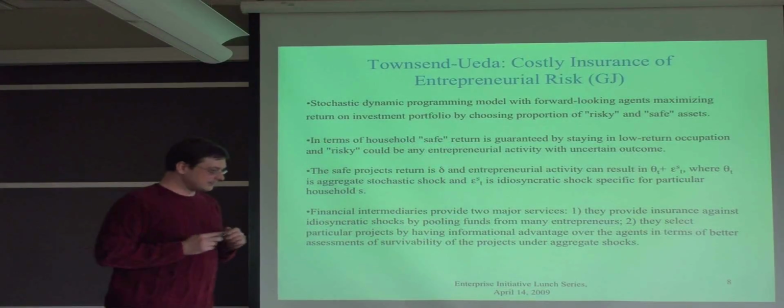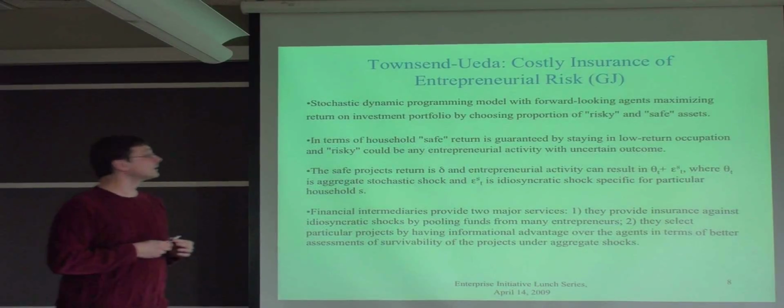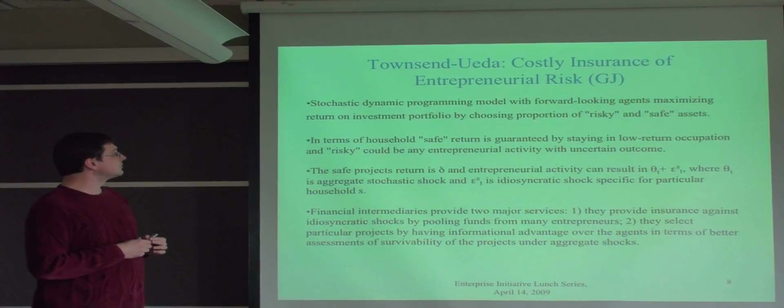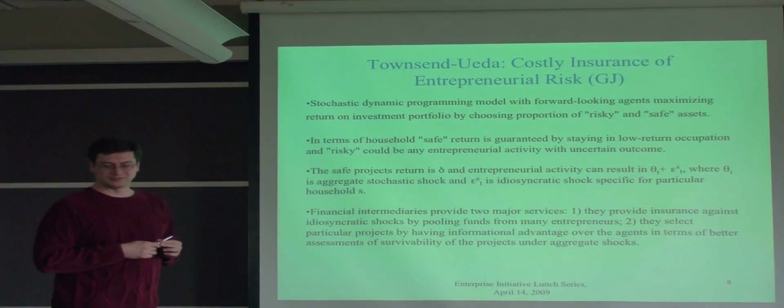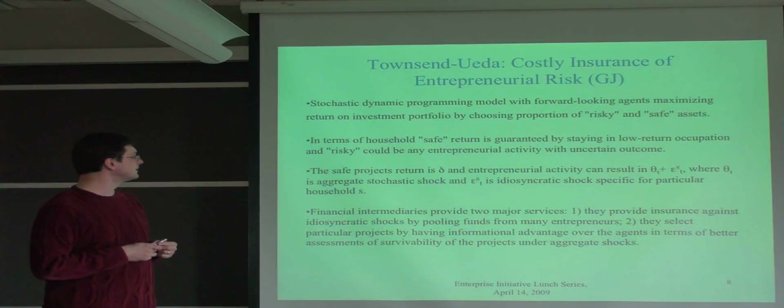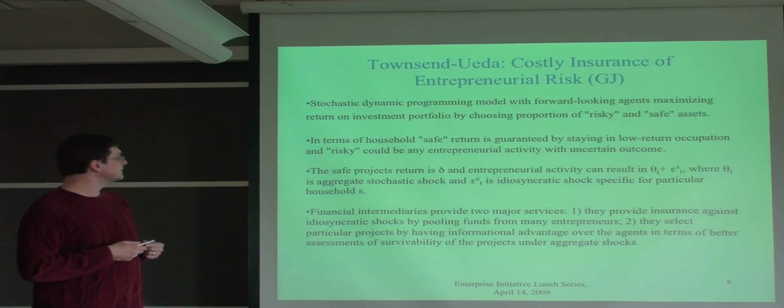And here is one of the first models. I have to move quickly. This is a 1,000-year model of costly insurance of entrepreneurial risk, based on the Greenwald-Jovanovic model, that we are trying to put into some policy, to make a policy that is in use.